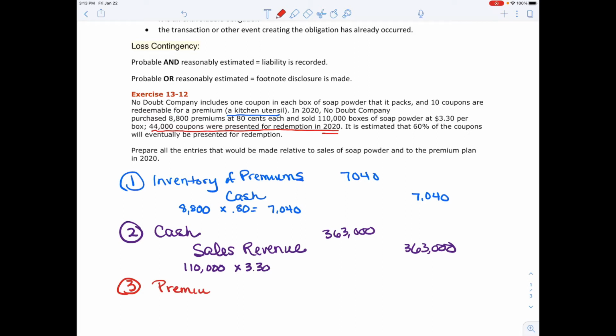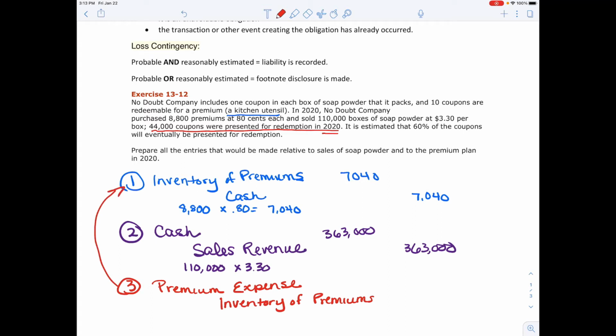Again, premium expense is what they're calling that. And we are going to credit the inventory of premiums. We're reducing the amount we have available.